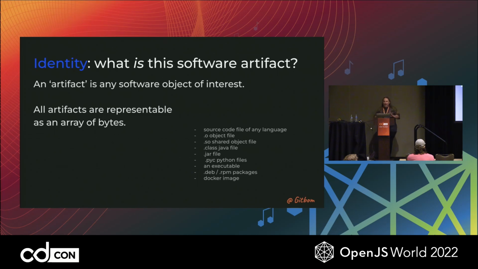It could be an executable of any sort on any of the systems you might be running on, Windows, Linux, Mac. It could be a deb or RPM package, or it could be a Docker image. All of these are software artifacts. And what they all have in common is they're all representable by an array of bytes. And that's the ultra simple commonality that we're going to start by pulling the thread on here.